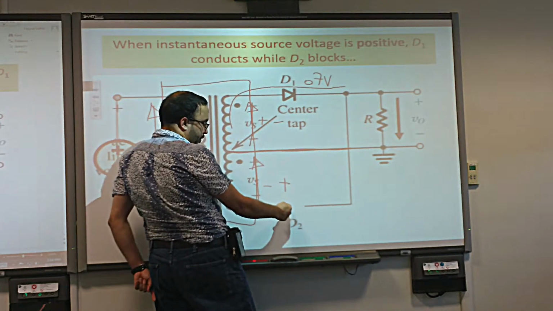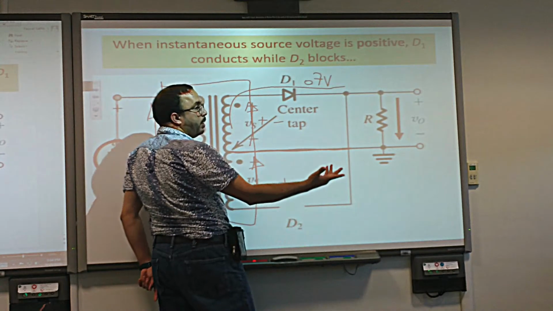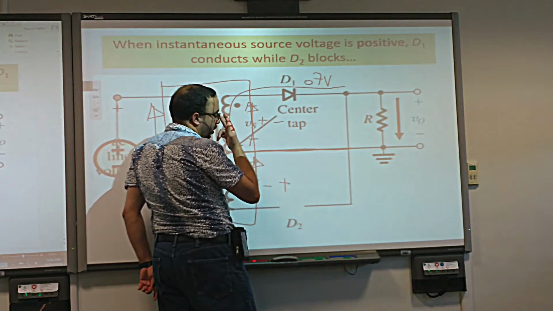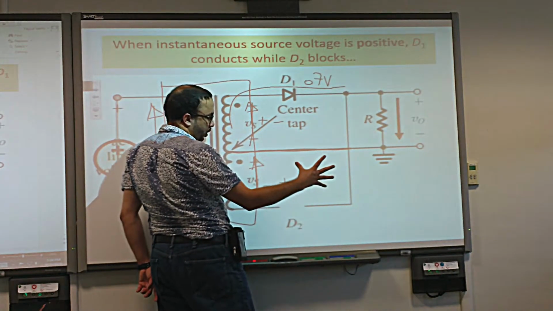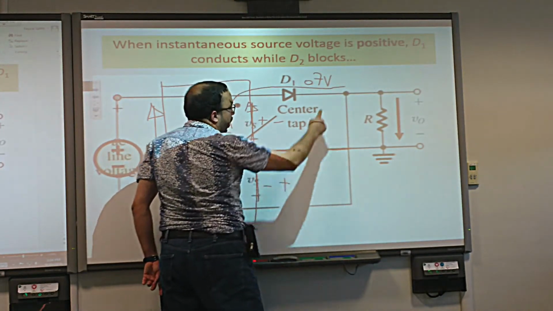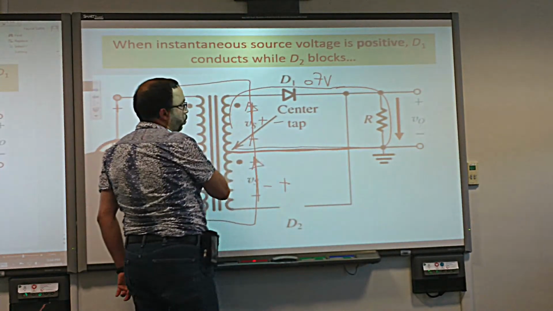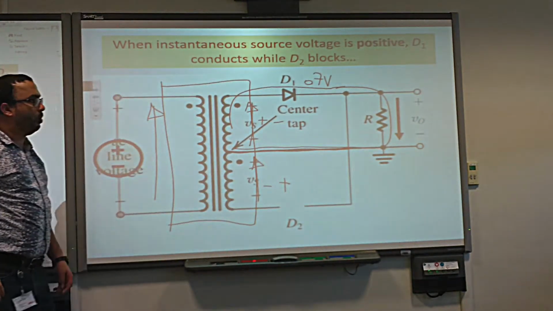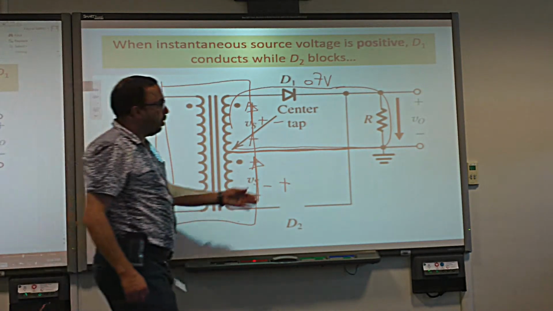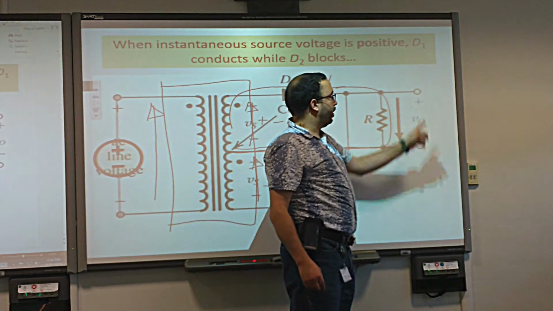No, this one is a negative voltage, so this diode becomes an open circuit, reverse biased. So the current will not go here. It will go here, to the transformer back. So the current across R goes from up to down, so the voltage is really positive in this case.